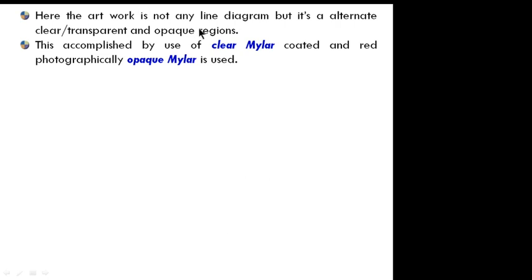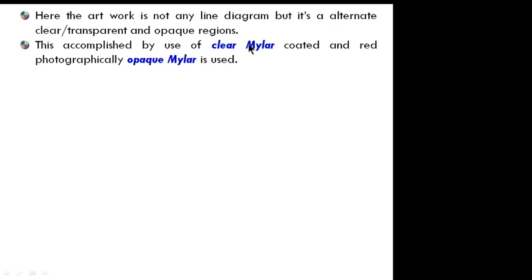A widely used material for the glass or photographic film is known as clear mylar. I know that because I have worked on it, and mylar is very well known, made by the DuPont company. You can search it on Google as well.